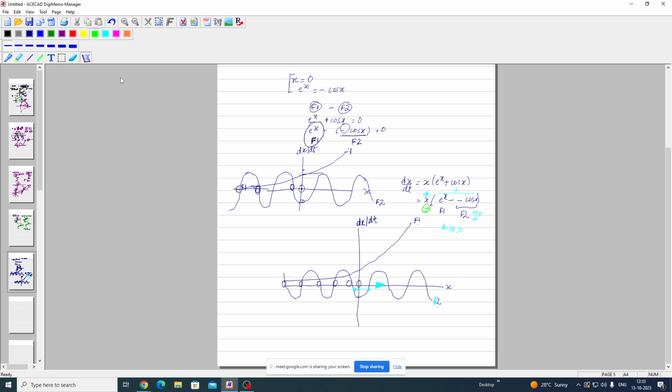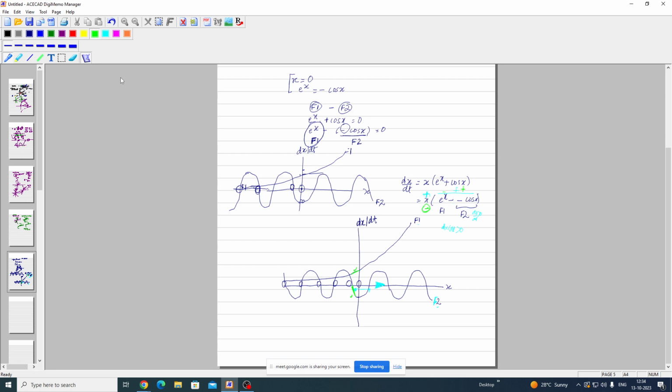Now what happens to e^x minus cos x, function 1 minus function 2? Function 1 is still above function 2. Function 2 is here, function 1 is here, right? So function 1 minus function 2 is still going to be positive, which means this function is still going to be positive.